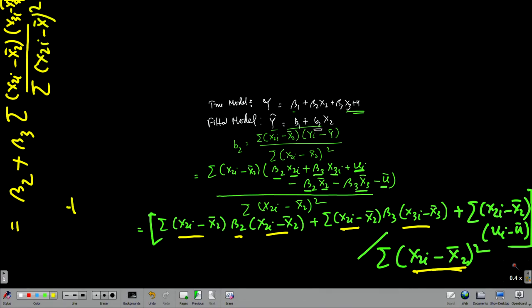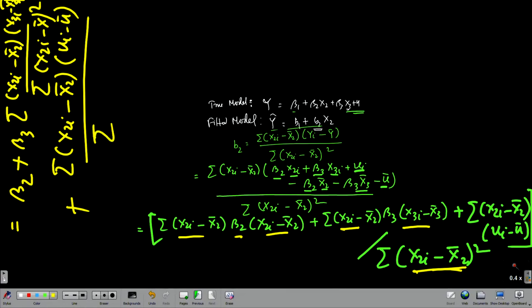Okay. And the third term is x2i minus x2 bar into ui minus u bar, and then you have the same denominator here. Okay. Really cluttered, but let us try to make sense from here.